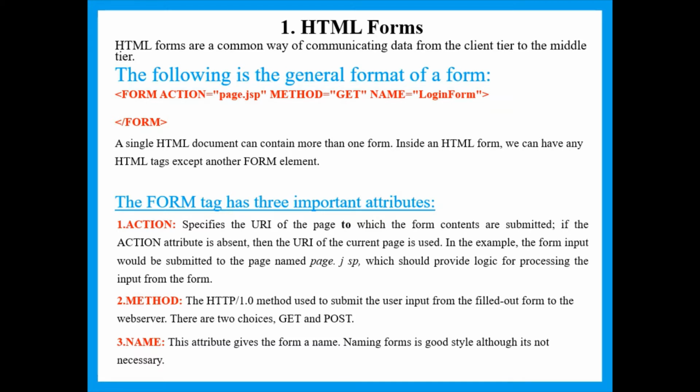If the action attribute is absent, then the URL of the current page is used. In the example, the form input would be submitted to the page named page.jsp, which would provide logic for processing the input from the form.